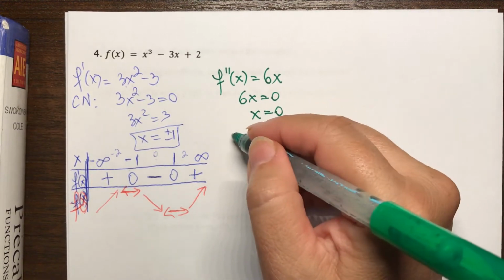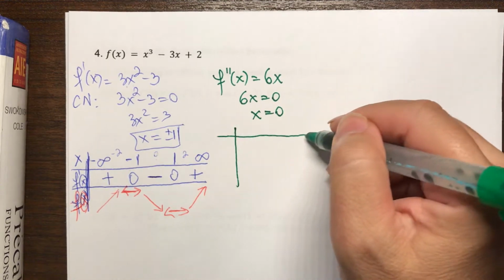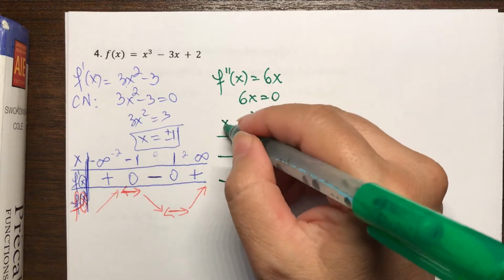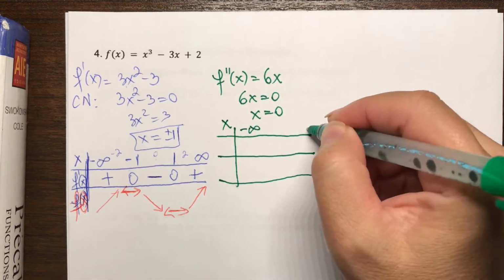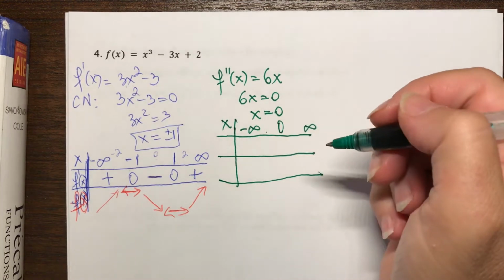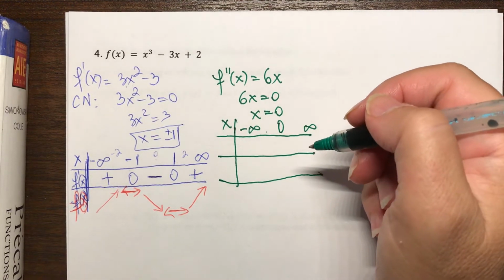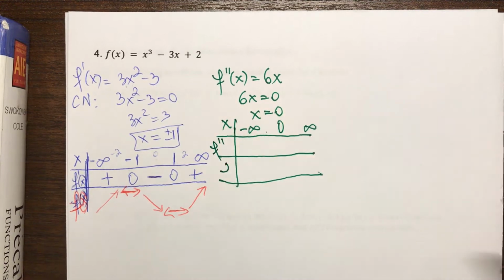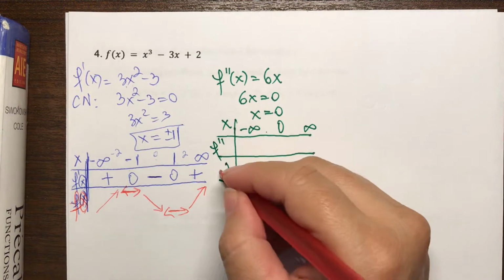That's just a 0. So let's make a sign diagram for the second derivative. From -infinity to +infinity along the number line, there's only one place of interest. What happens with the second derivative? What happens to the function itself?